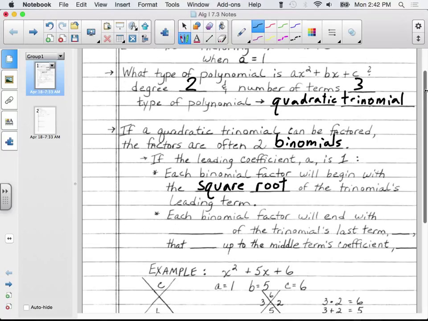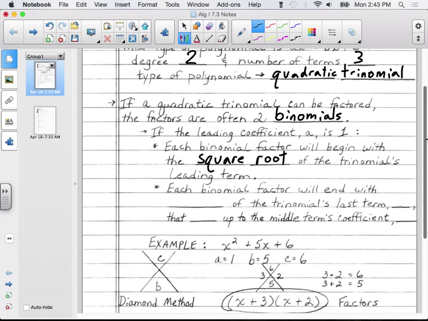So if we go up here, a is 1, that's 1 times x squared. What's 1 times anything? It's itself. So we're always going to have an x squared first. What's the square root of x squared? X, that's right. So both of our binomials in our final answer are going to start with x.